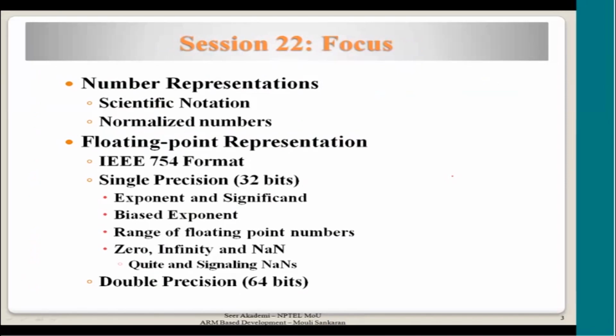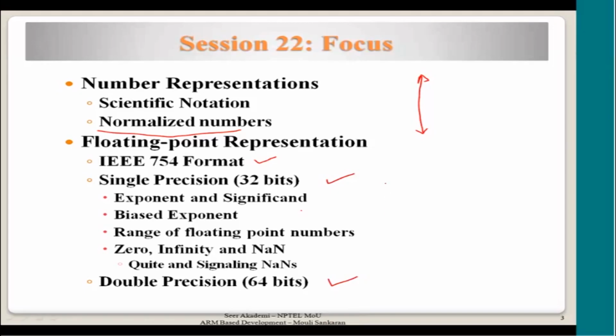Now here I'll touch upon what scientific notation is all about, and what we call a normalized number, and then the IEEE 754 format, which is defined to represent a floating point number in a computer. Okay, there are two formats, one is 32-bit wide and another is 64-bit wide. It's called single precision and double precision.